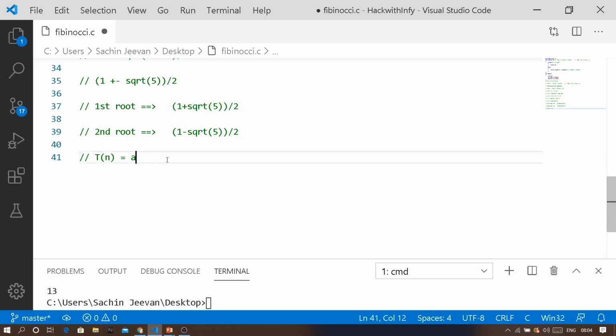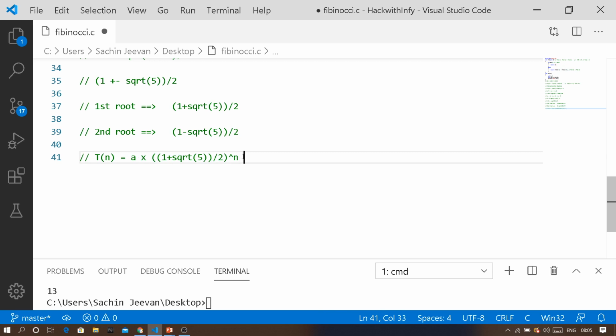First root is 1 plus square root of 5. So a multiplied by 1 plus square root of 5 divided by 2, and the whole power n. This methodology I have already taught you. So one unknown variable, either a or any unknown variable, we have to introduce, multiplied by the first root, the whole power n.